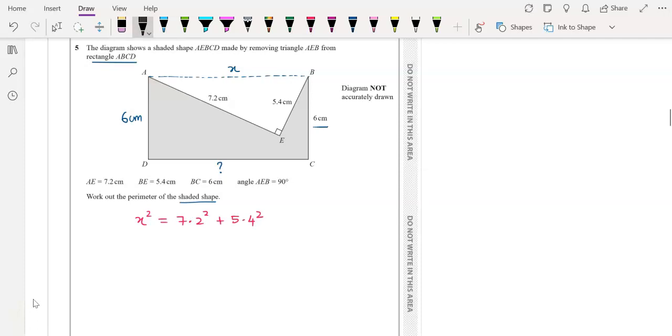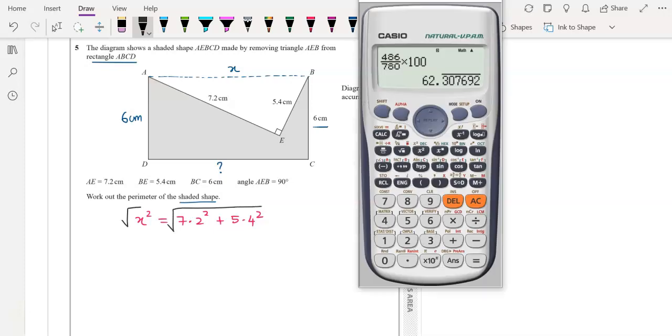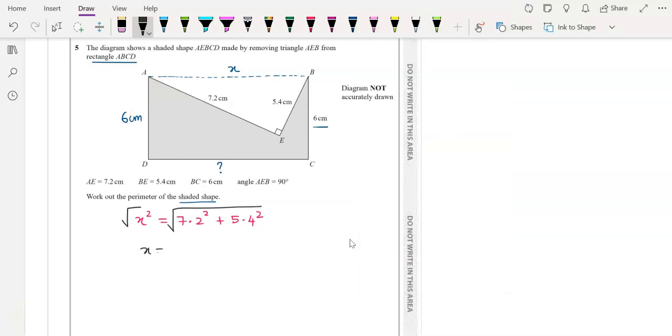To find the value of X, take square root of both sides. You put this in the calculator. So we need square root of 7.2 square plus 5.4 square. That gives me 9. So value of X is 9. So side CD is also 9 centimeters. Now to find the perimeter, just add up all the sides.